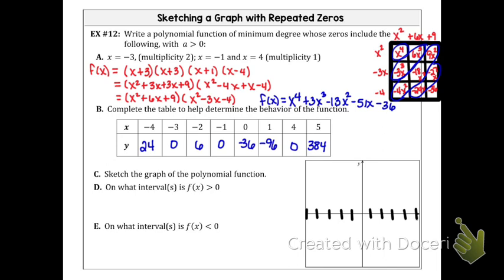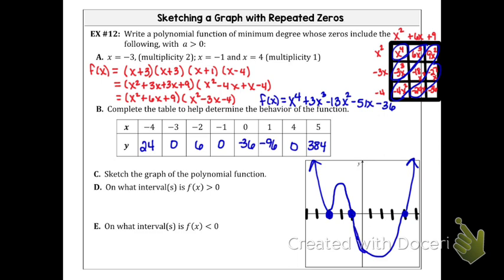And so it's really kind of tough, but I can see at -3 is 0, and if -4 is 24, it's going to be going up to it. -1 is 0, but -2 is 6, so it's going to have to go up and then come back down. 0 is going to be -36, so it's going to be way down here somewhere. And 4 is 0, so it's going to come back up to it. Probably more centered than that though. And then we can see 5 is way up there at 384. So our graph should look something like this.